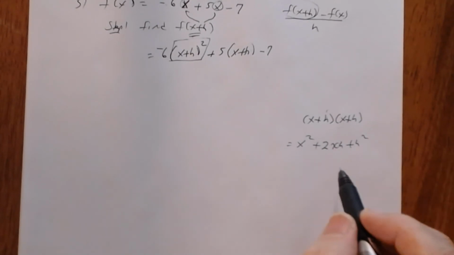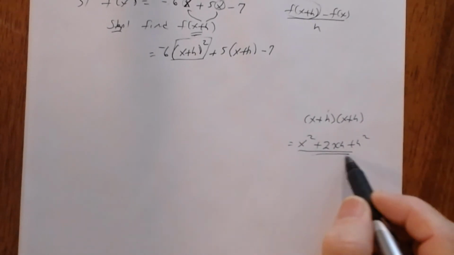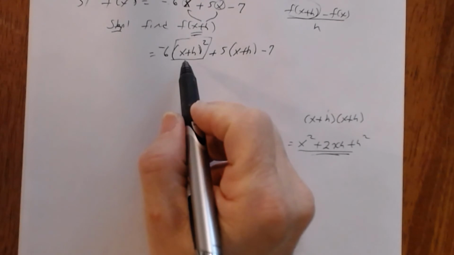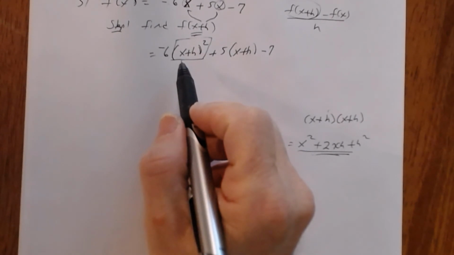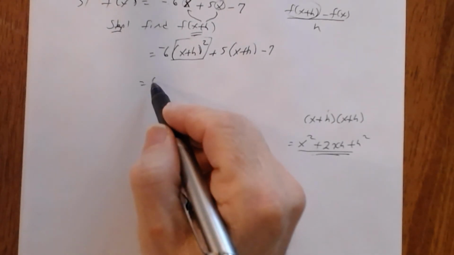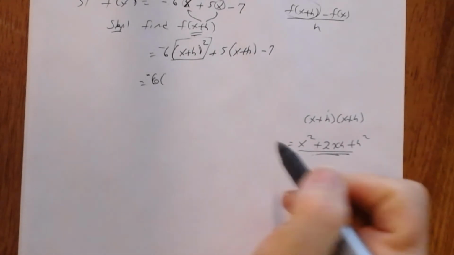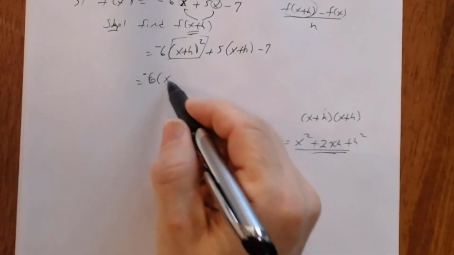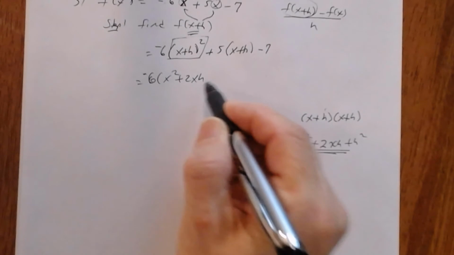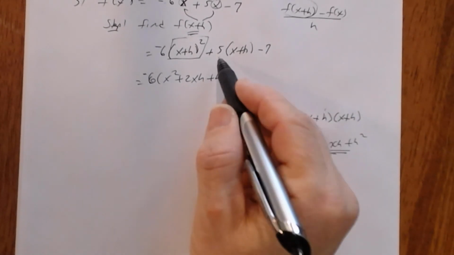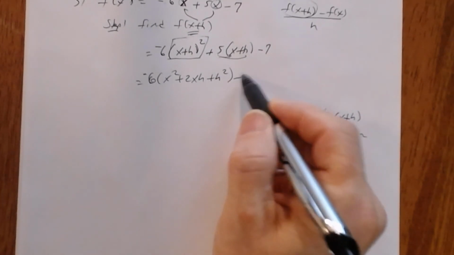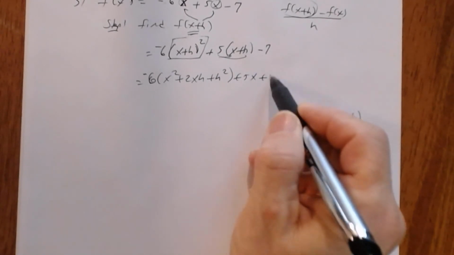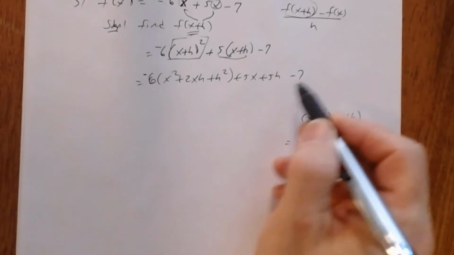That's what it always equals. So this right here is just what's inside this box. So this becomes -6 times this trinomial, x squared plus 2xh plus h squared. Now let's go ahead and distribute this. So it'll be plus 5x, plus 5h, and then minus 7.